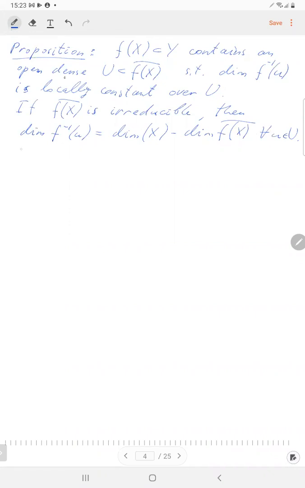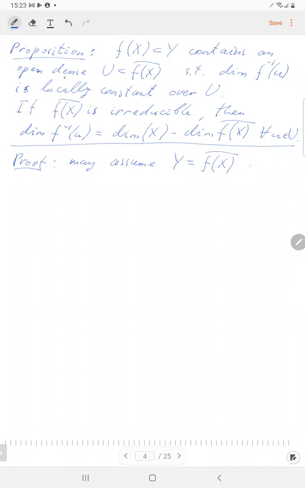Okay, so for the proof, it's a local claim, so we may assume that Y is the closure of the image because we're interested in nothing else.